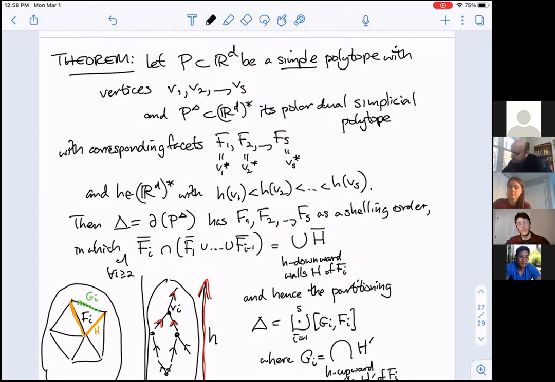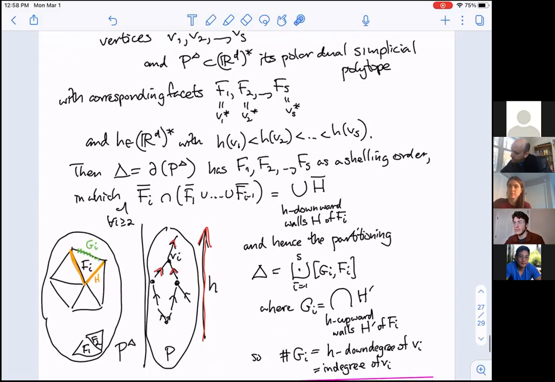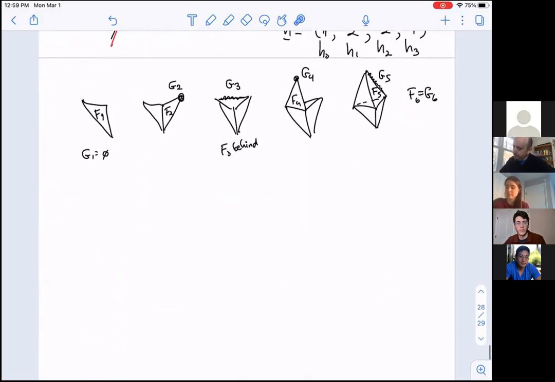And then the relationship between this description for the old walls versus the new walls is stuff we already talked about back when we were doing the shelling. GI is going to be the intersection of the new walls, and then this describes the old walls. So all the rest of this just comes down to checking this. Okay, so let's do it.